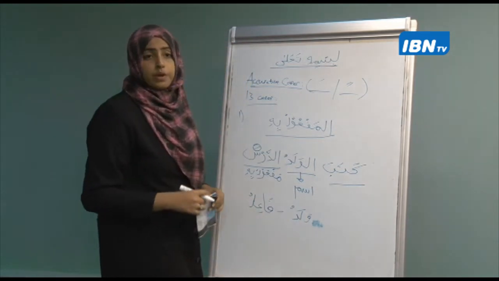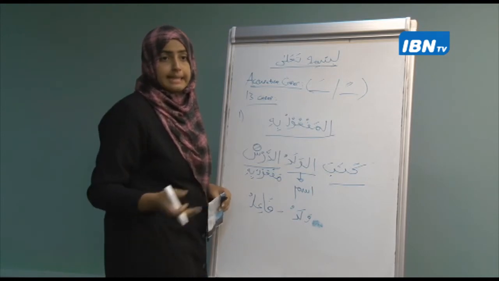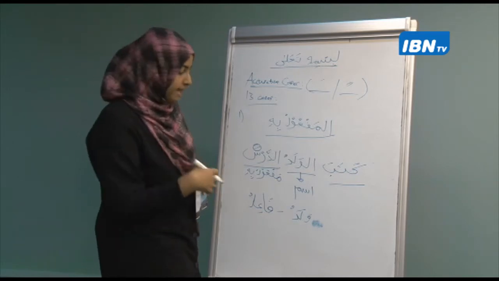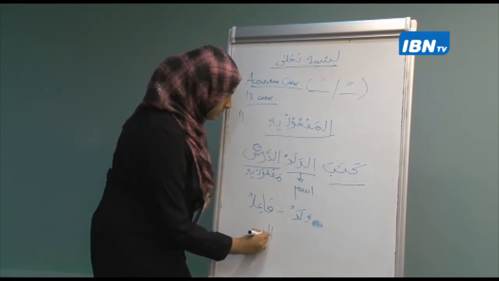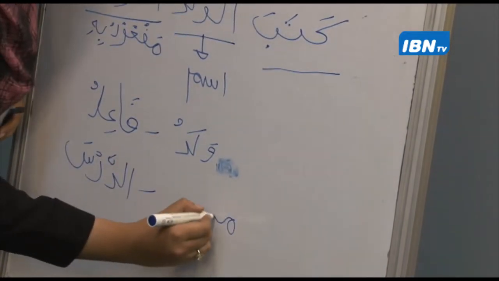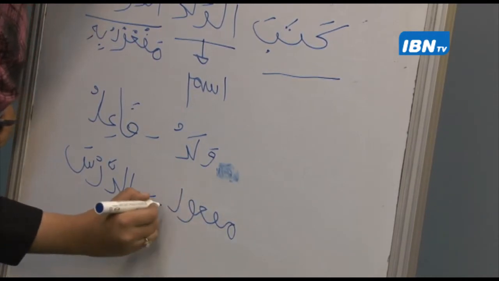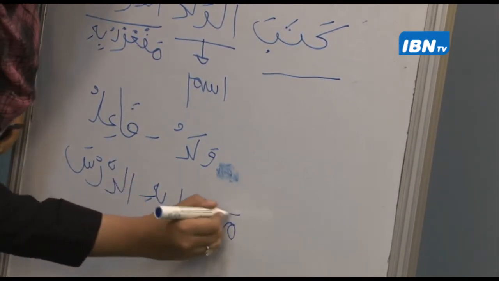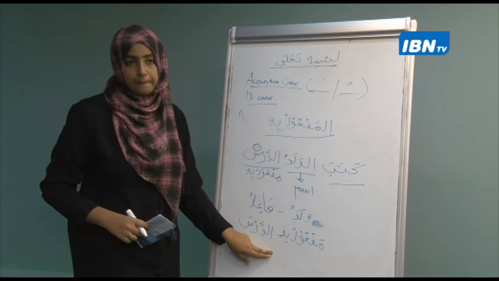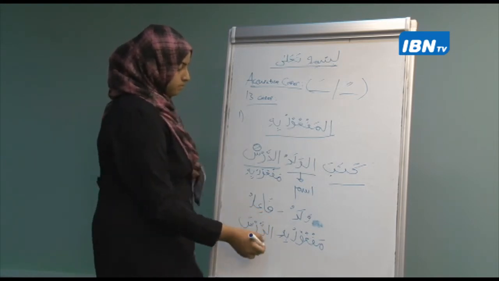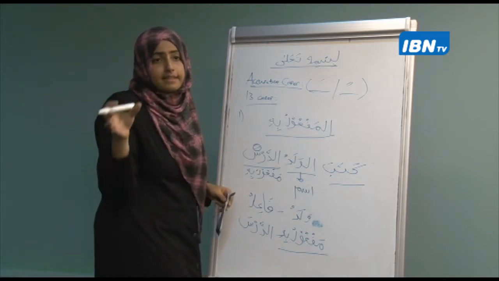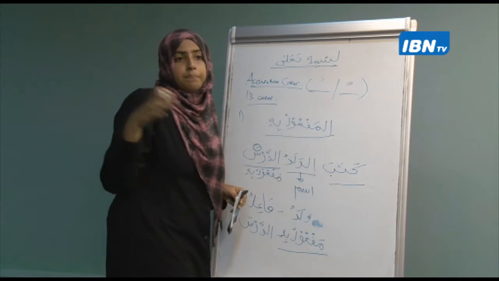But the boy wrote what? The boy wrote the lesson. So the lesson here, ad-dars, becomes my maf'ulu bihi, right? This maf'ulu bihi is that thing, that object in the sentence which is acted upon.